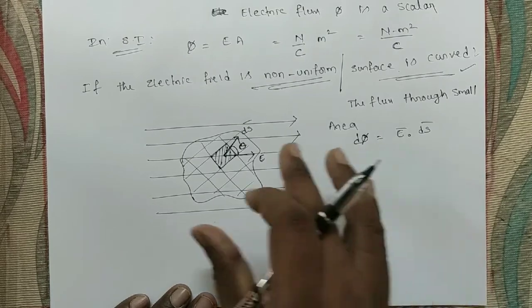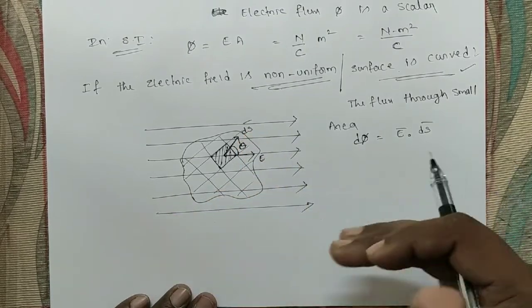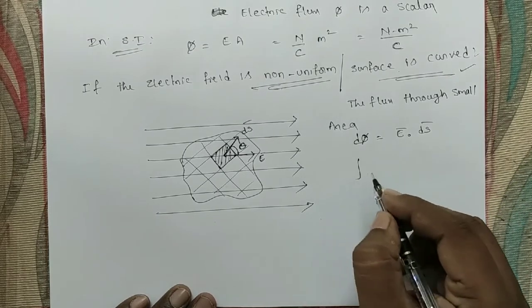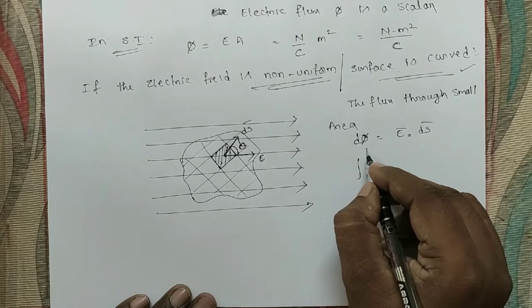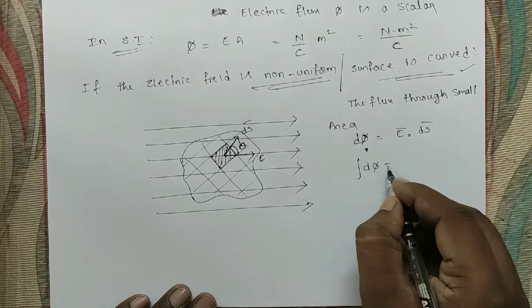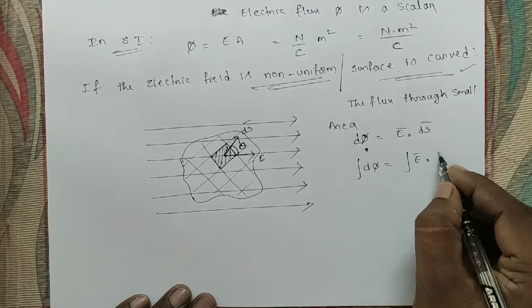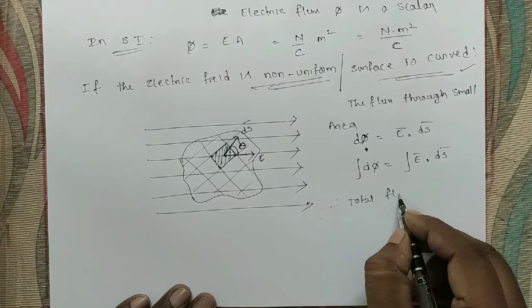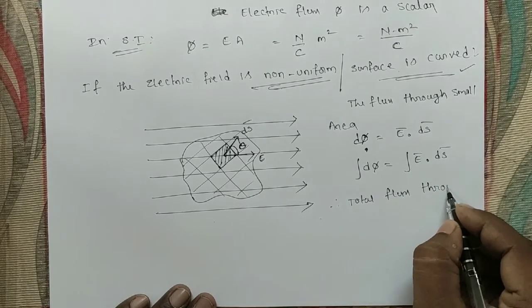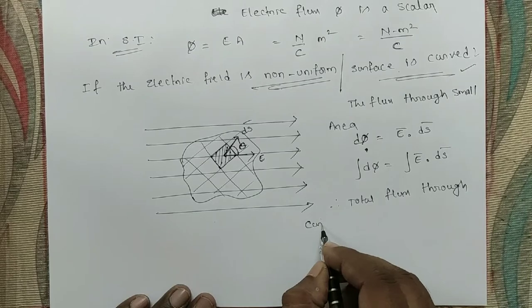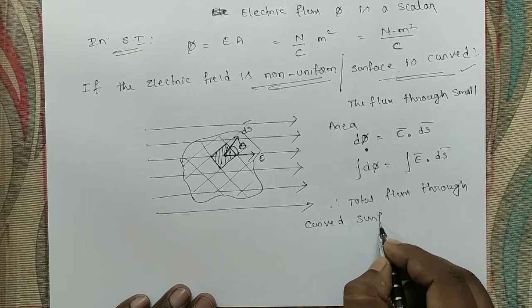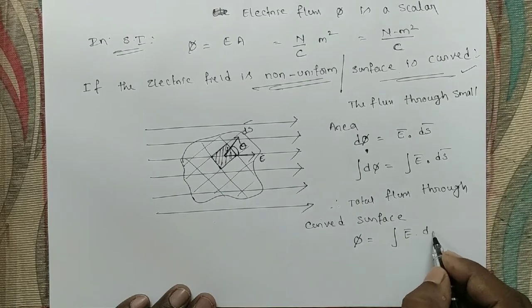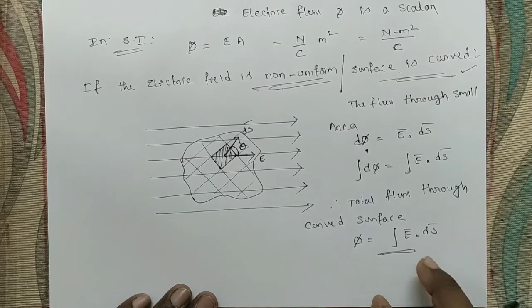To find the total flux through the entire curved surface, I have to integrate on both sides: integral d phi equals integral E bar dot ds bar. Therefore, the total flux through the curved surface is phi equals integral E bar dot ds bar. This is the formula.